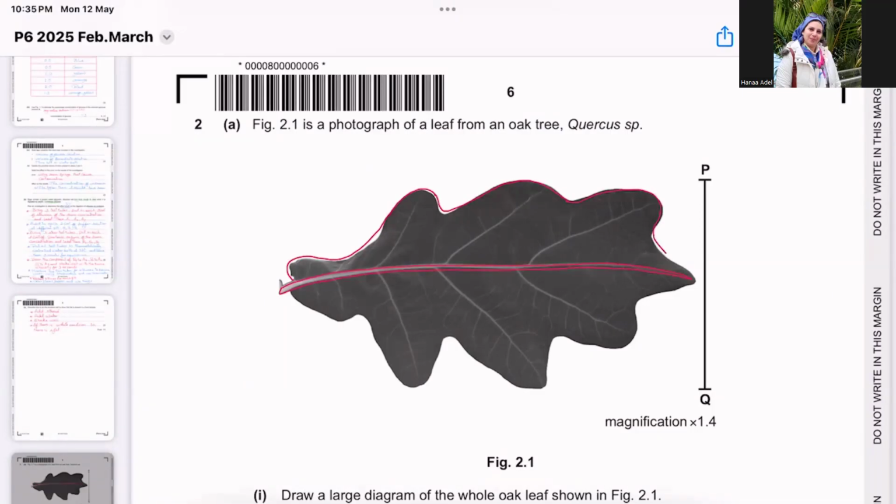I just follow the same steps in my drawing, and after that I will show you my final drawing. Okay, this is the main vein and the outline. Then we can add the veins, smaller and thinner.